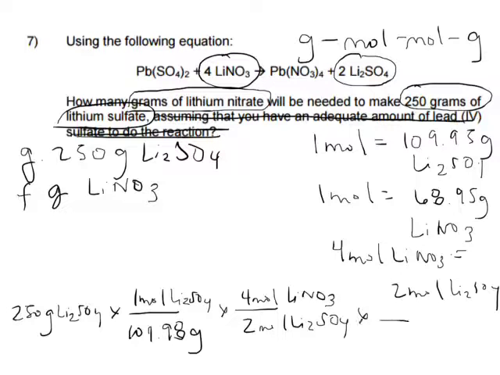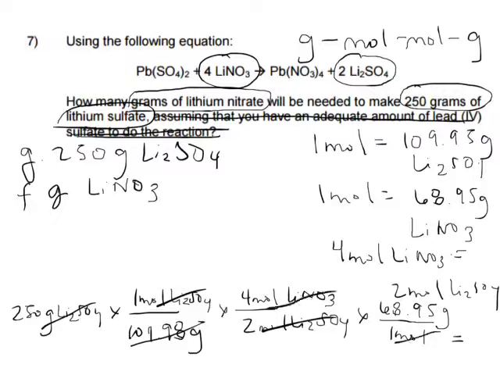Then, and I'm going to have to squeeze down here at the bottom, y'all. Okay, so the last thing I want to do is go from moles to grams now that I'm in the lithium nitrate. And I'm going to plug in 1 mole of that is equal to 68.95 grams. I can go ahead and cancel out like terms.